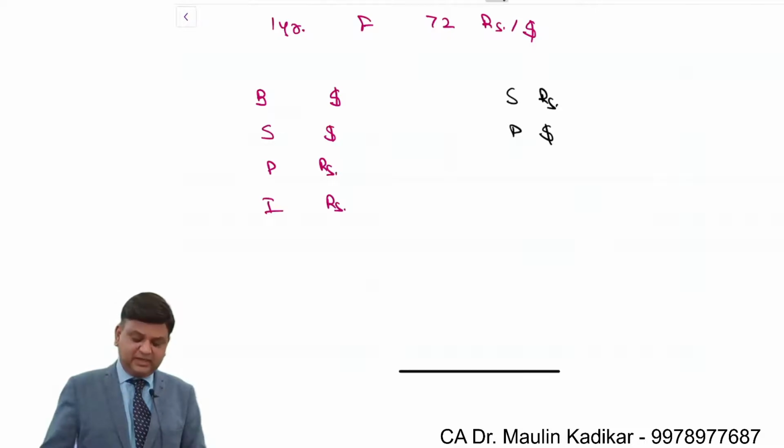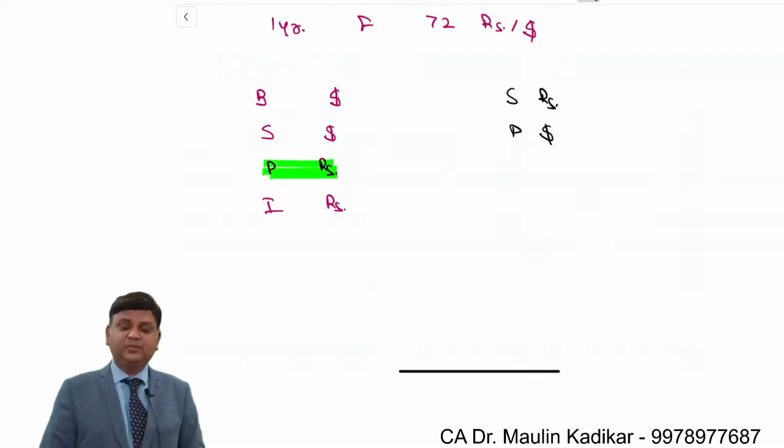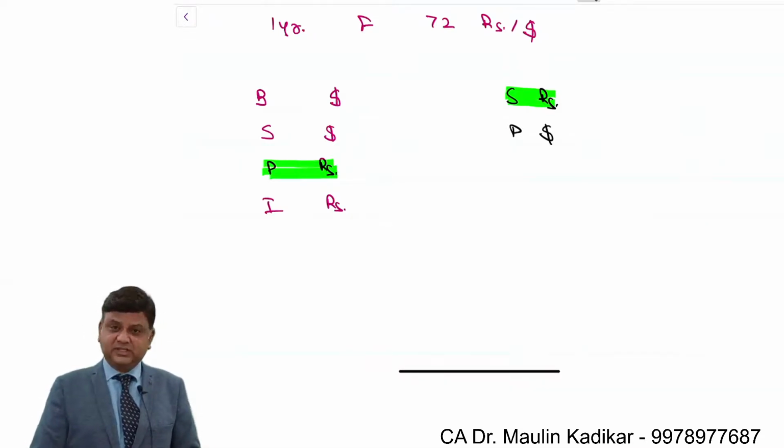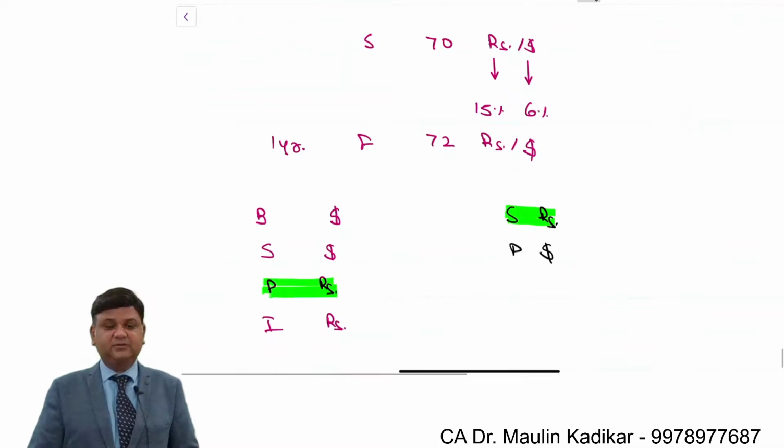Importantly friends, since you purchase rupees in the spot market, the demand of the rupee increases and exchange rate will change. You will sell rupees, with that the supply of the rupee will increase, and again the exchange rate will change. Both of them will change in such a way that ultimately an opportunity of the arbitrage will not be there in the market.